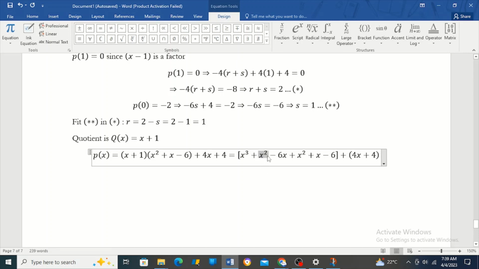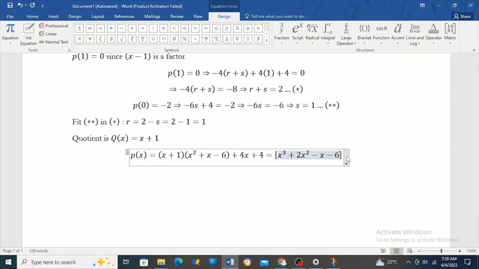Now x squared plus x squared is just 2x squared. Negative 6x plus x is negative 5x, then minus 6. Now negative 5x plus 4x is simply negative x, then negative 6 plus 4 is negative 2.